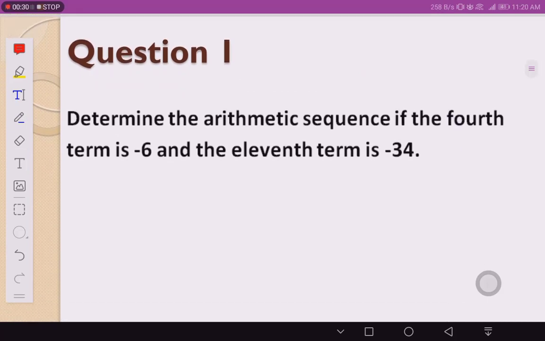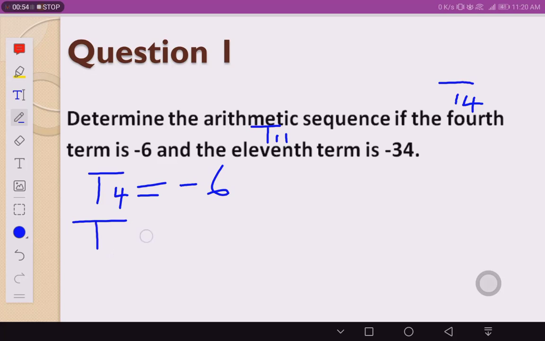Determine the arithmetic sequence if the fourth term, T4, is minus 6, and the 11th term, T11, is minus 34. So what we do with this is we write T4 is equal to minus 6, and we know our T11 is also minus 34.